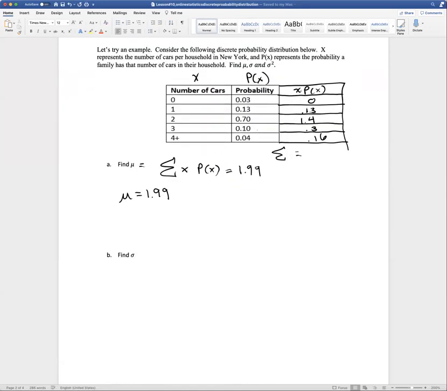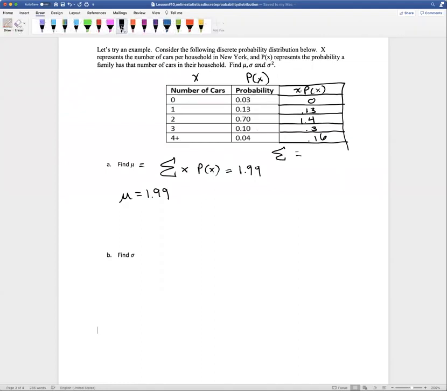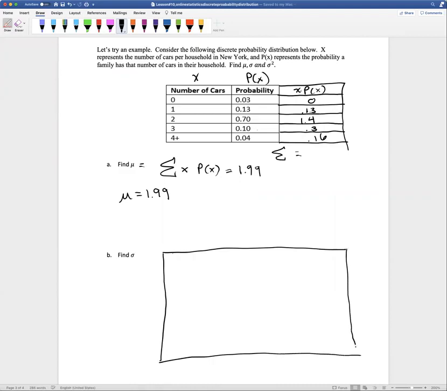Now I'm going to create a chart for this standard deviation. It's going to be a big chart. Follow along with me, please. Over here, we're going to list the x's.